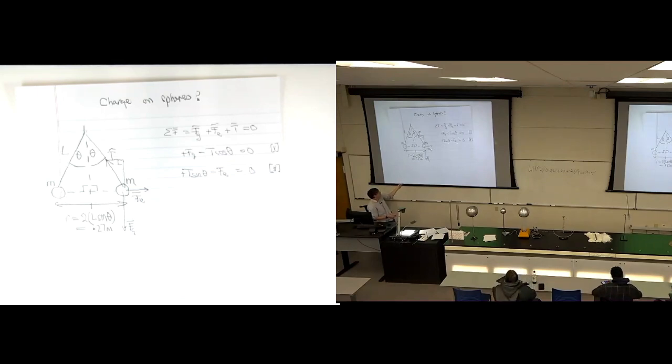The entire electrical force acts towards the right, and so that's minus Fe that I've written here. And these two must add up to 0. So this is a rewriting of the fact that the forces on the sphere add up to 0. We did it for the right-hand sphere, could have done it for the left-hand sphere. You get the same equations either way. Everybody okay with that? Good.